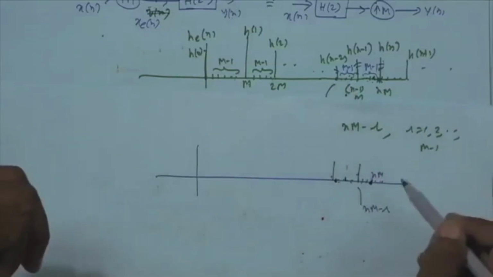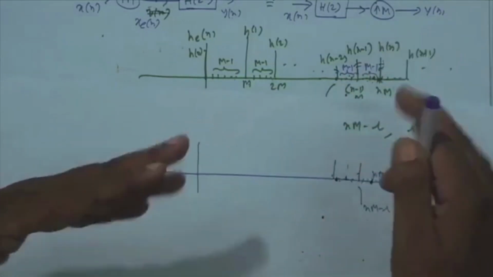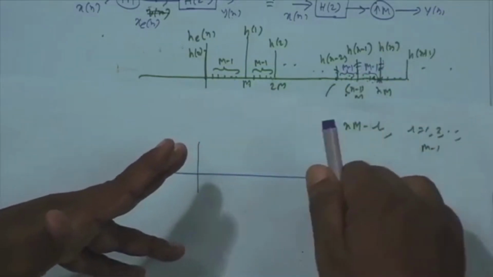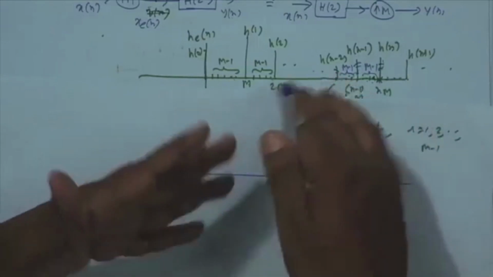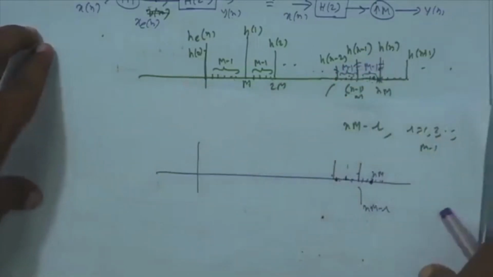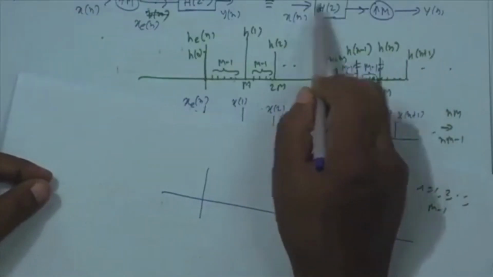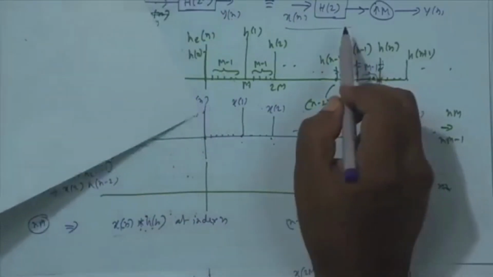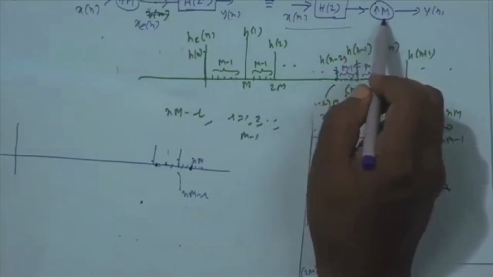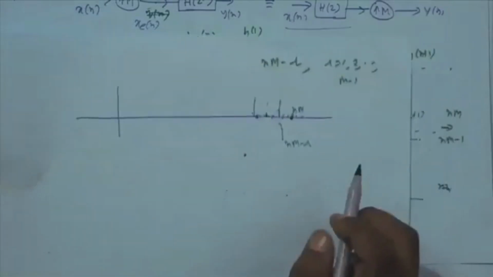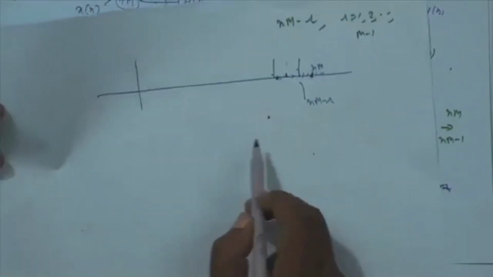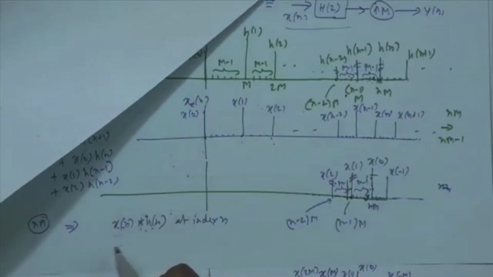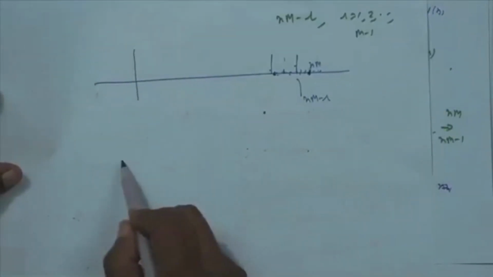So, like that, it will be all 0, because either non-zero into 0, or again non-zero into 0, otherwise 0 into 0. So, if you convolve the two like this, and then if you convolve the two at nth point, you have got x n convolved with h n at nmth point.